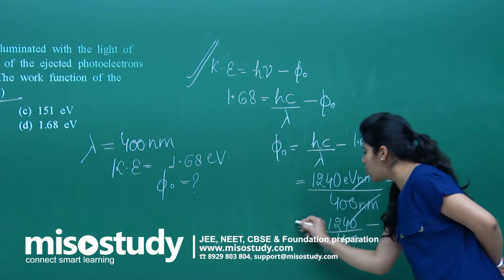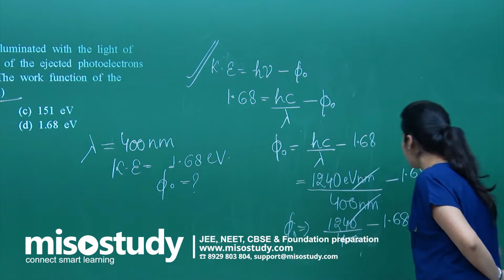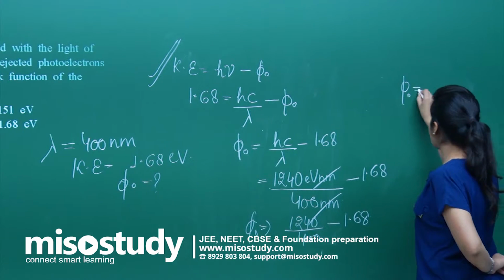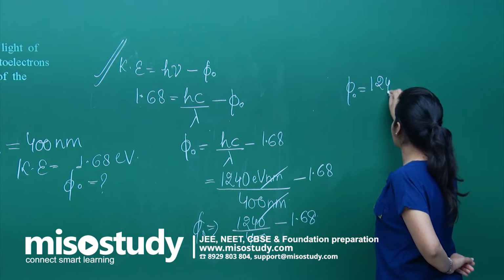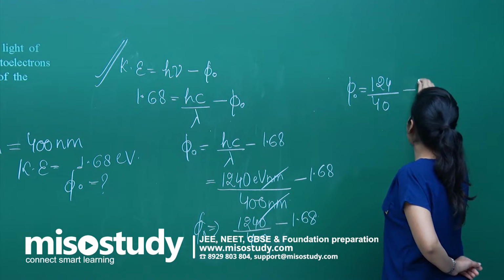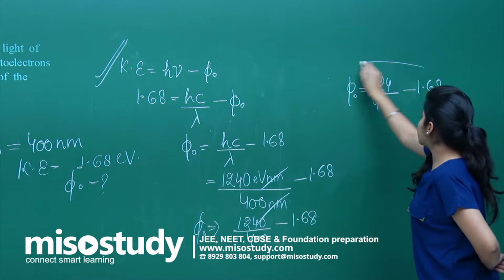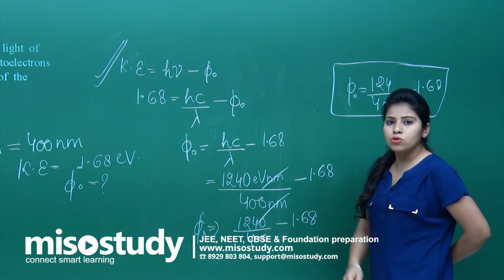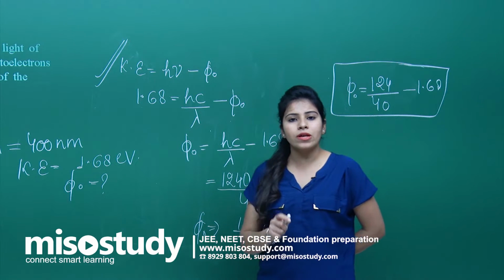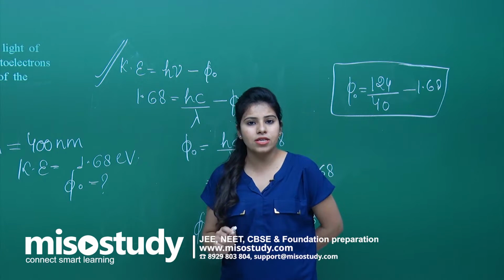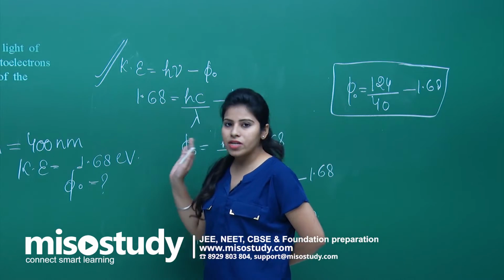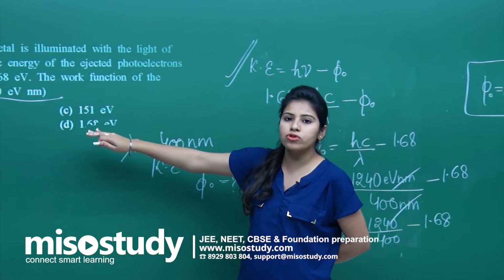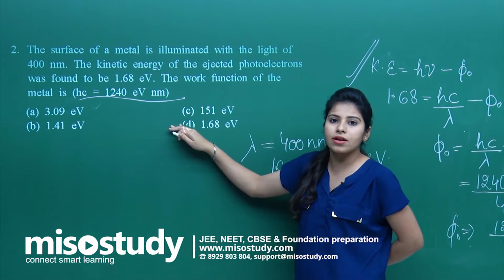Let me write it again, that would be 124 by 40 minus 1.68. Just solve for this and find the value out. Use your calculators and bring out the value of this equation, right? So, whatever your value is, you just have to tick whichever is the correct option.